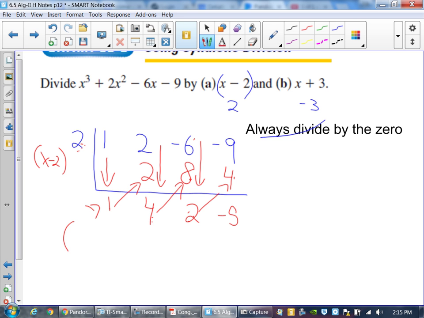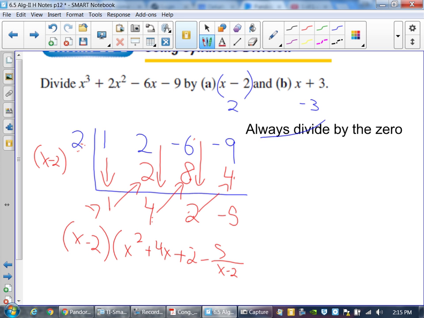So basically you divide it out and you're left with this. This is x squared plus 4x plus 2. And then you had minus 5 over x minus 2. Okay? You get that remainder.